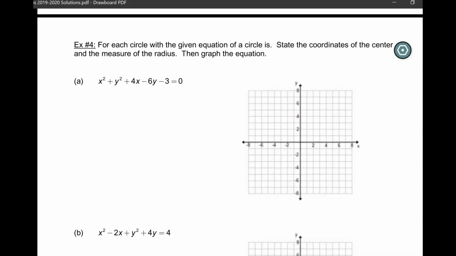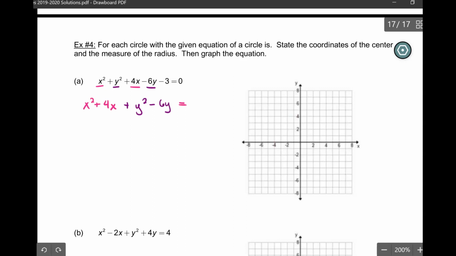Okay, so here's what we're going to do. First thing, I want to take the x's and put them together, and then I want to take the y's and group those together. On the other side of the equation I'm going to put the constant. Now I want to complete the square with each set of variables.